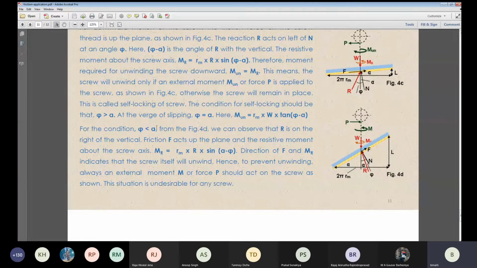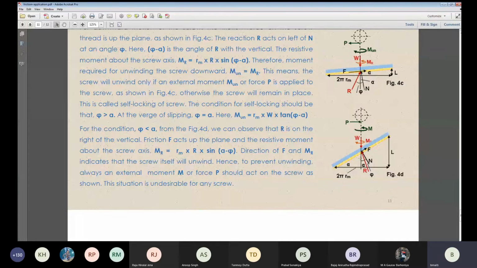Now, when alpha is greater than phi, just look at it pictorially. Alpha and phi are both measured from the normal direction. Alpha is the angle between the normal and the vertical.